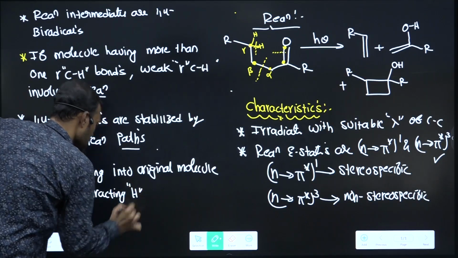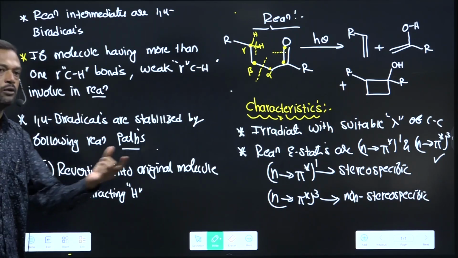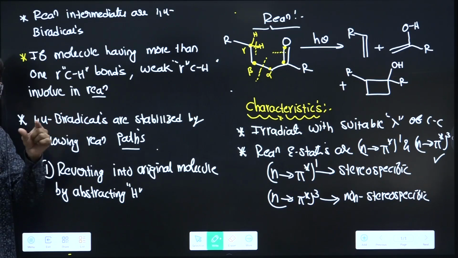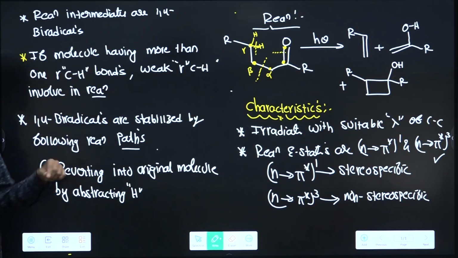By abstracting hydrogen means reversal is possible. Reverting means reverse. It will give hydrogen from gamma, and it will take hydrogen from oxygen. Where is the gamma carbon giving its hydrogen? To oxygen. It will take the hydrogen back from that oxygen. Means it will give, and it will take. In McLafferty it is not possible like that. It will give but not take.